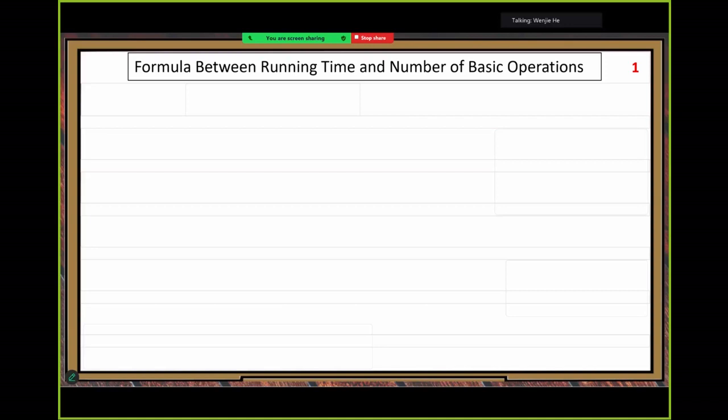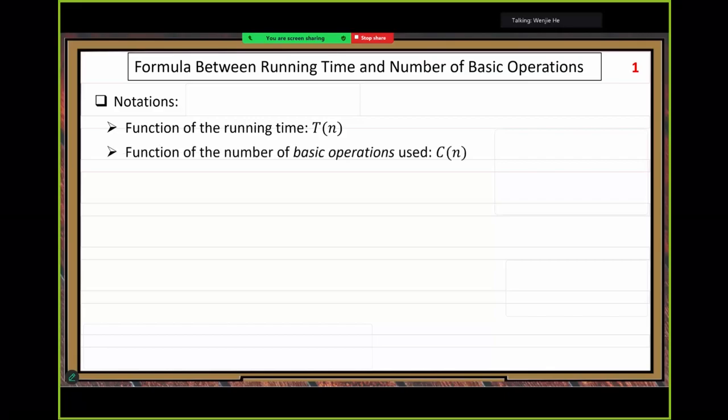What's the best way to describe the efficiency of algorithms? Notation. We use capital T of n to represent the function of running time. When you run your programs on your machines, you clock it, so you have a running time function. That's a capital T function.